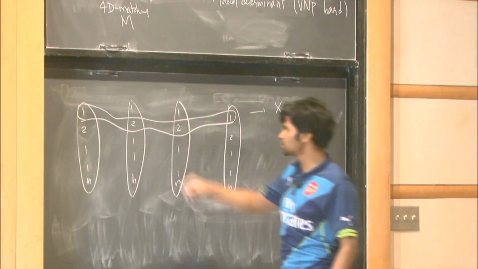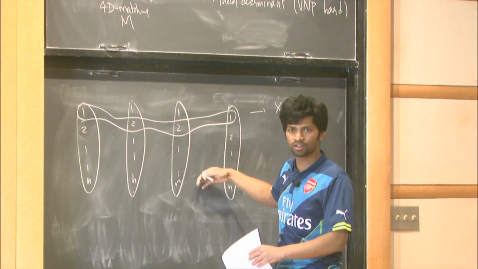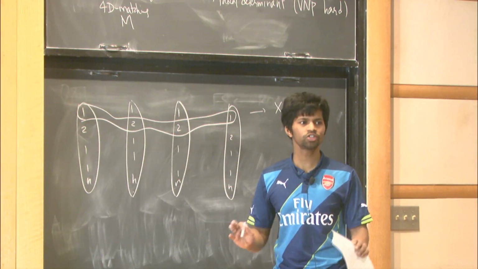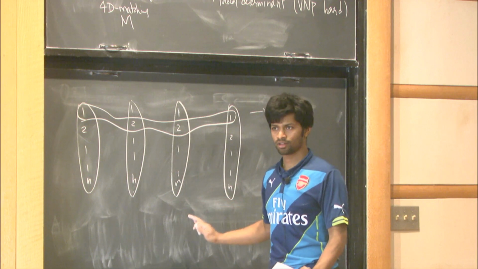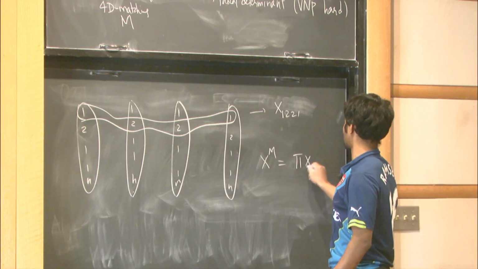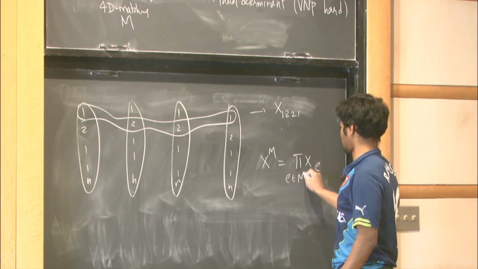And a matching means you take a bunch of such hyperedges, which take each vertex precisely once. Okay, so to do this, you need n hyperedges. And so when I say x to the M, I mean you take a product of those guys, which are all inside this matching.